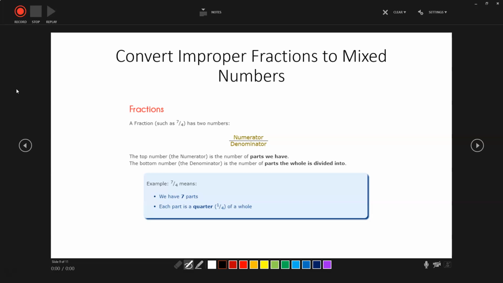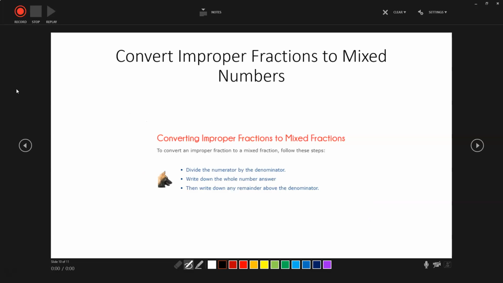Okay, so a fraction has two numbers, a numerator and a denominator. And this one is improper because the top number, the numerator, is larger than the denominator. So in 7/4, we're working with fourths. We have 7 parts and we have 4 quarters.